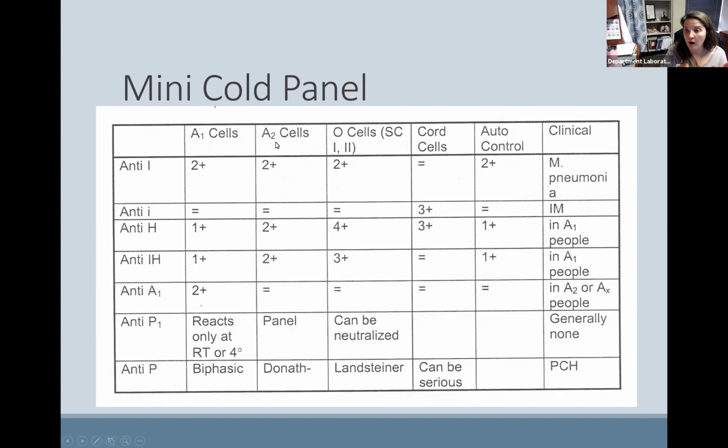But for all Board of Certification purposes and for this course, you need to understand that the reactions based on A1 cells and A2 cells determine the strength of these reactions based on the amount of H substance that is present, okay? And then we talked about that in the previous lecture as well.